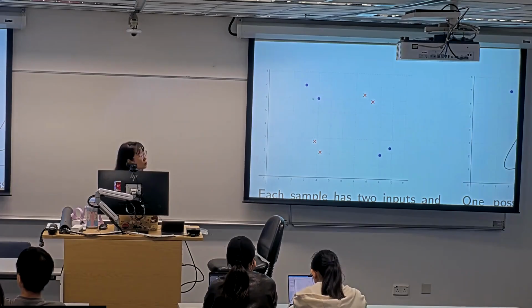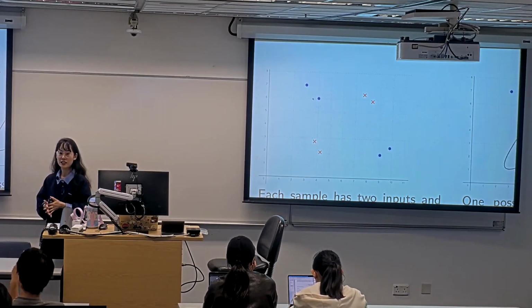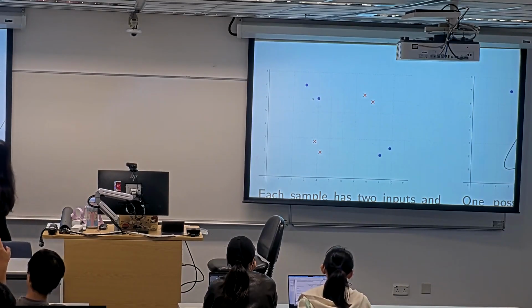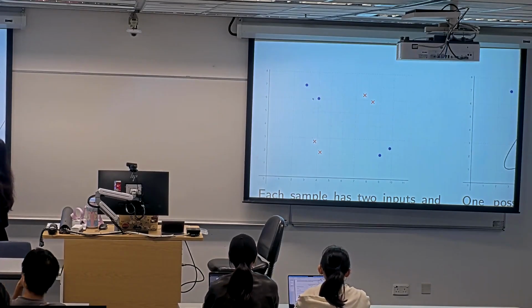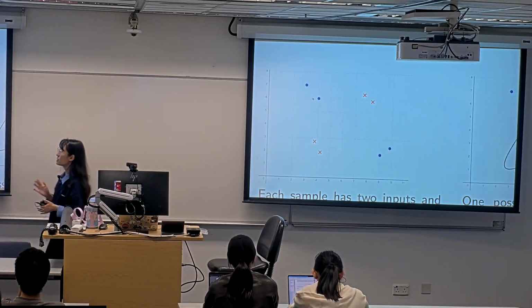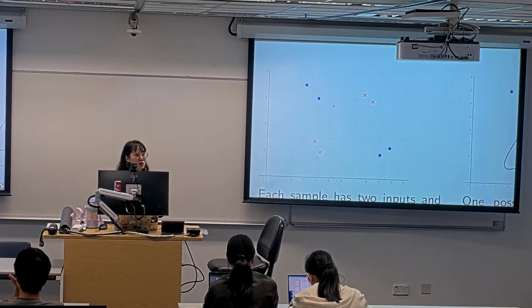If we observe such training data, of course, it's not linearly separable, right? You cannot just draw a straight line to separate the two classes. You can never draw a straight line in such 2D Euclidean space. That's not linearly separable. The decision boundary cannot be a straight line. Then what should the decision boundary look like?